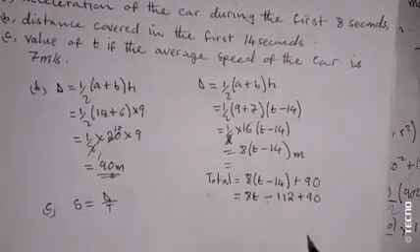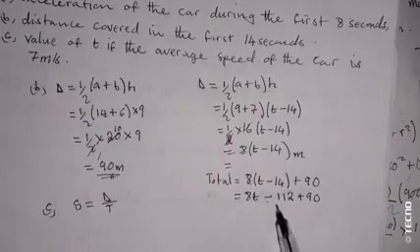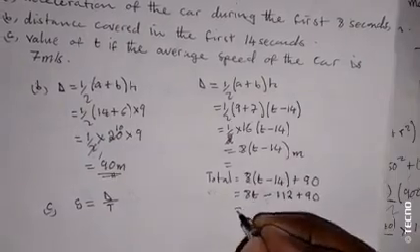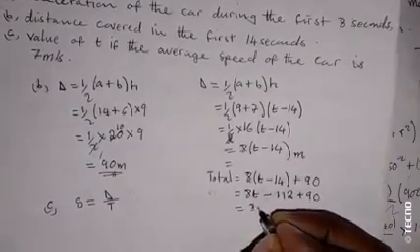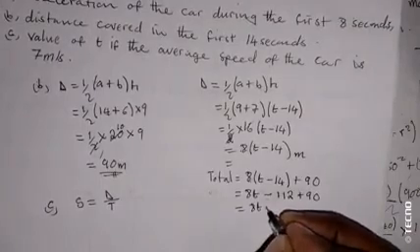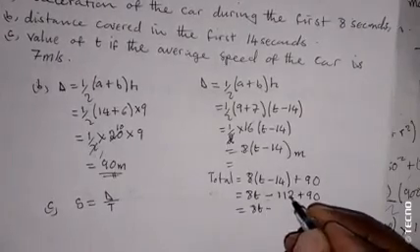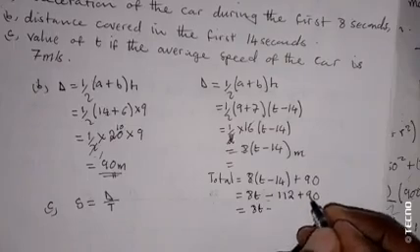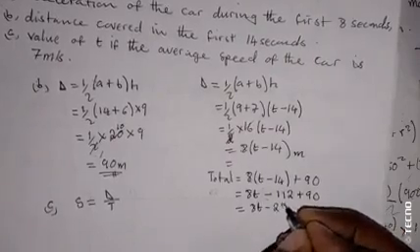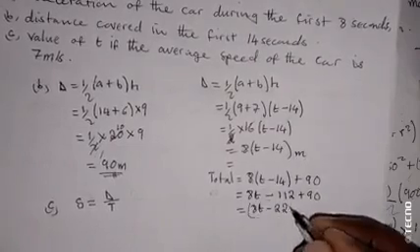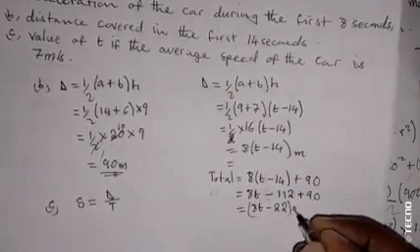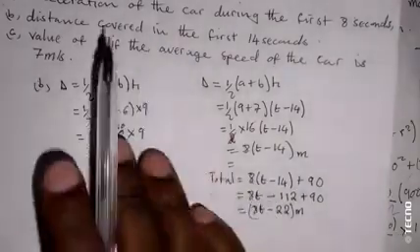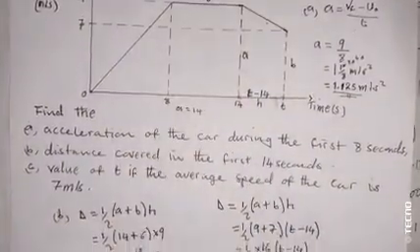Then 112 minus 90, so here it's 0. Okay, so here we have 8t minus, this one take away this, 11 take away 9 is 2, so we are going to have 22. Now this is our distance, the total distance for this whole journey. It's 8t minus 22, this one.